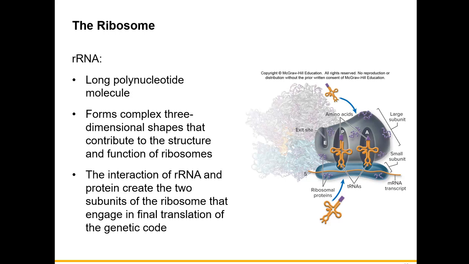They interact with rRNA and protein to create two subunits of the ribosome that engage in the final translation of the genetic code. So you have your aminoacyl site, your peptidyl site, and then your exit. So the tRNA comes in, it makes the peptide bonds in the P site, and then it leaves at the E site.